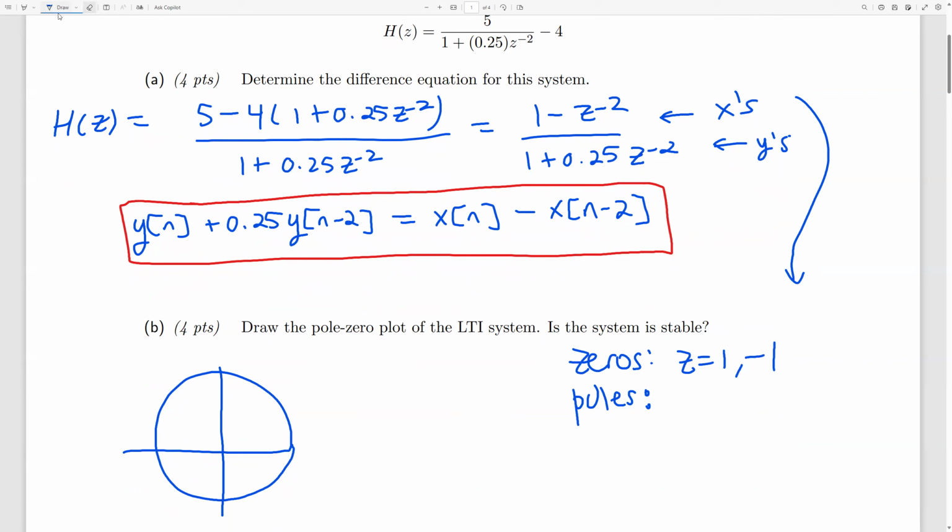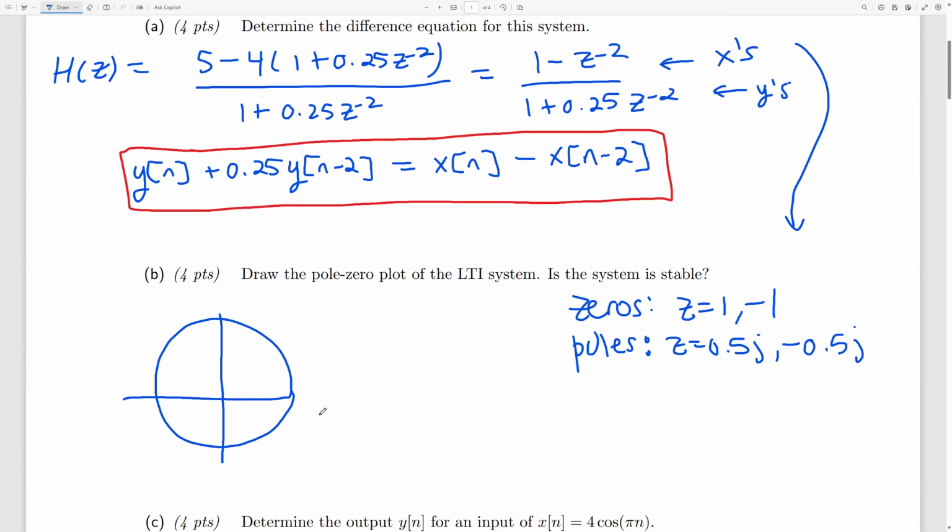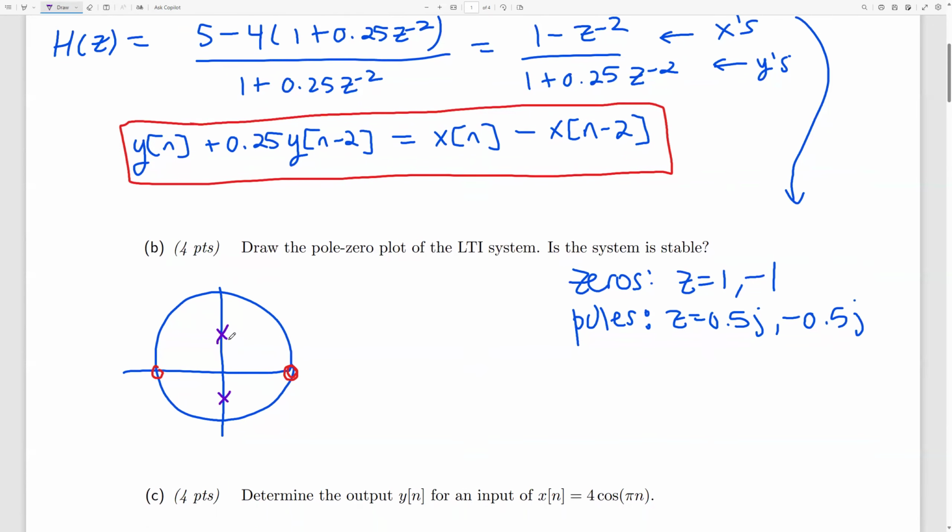I'll write this as z equals 0.5j and negative 0.5j. So when you draw this out, you'll get a 0 at z equals 1, a 0 at negative 1, and your poles halfway up the imaginary axis, at 0.5j and negative 0.5j.